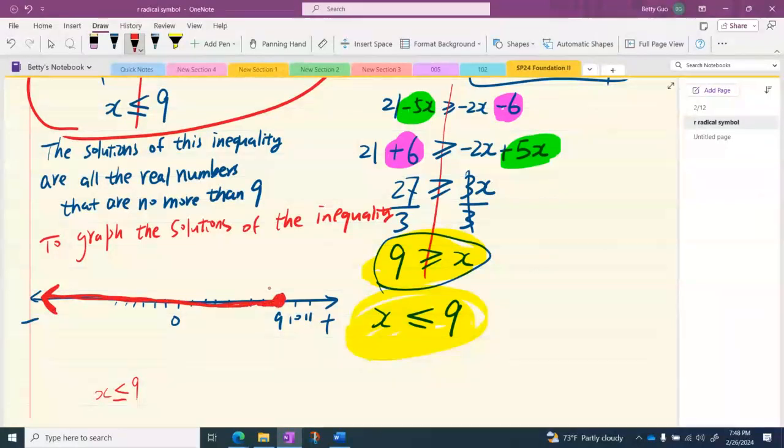That's the graph of the solutions of the inequality: all the real numbers less than or equal to 9. Those numbers on the real number line are to the left of the number 9. Since in this case 9 itself is also a solution, we make a solid dot at 9 to indicate 9 satisfies the inequality.